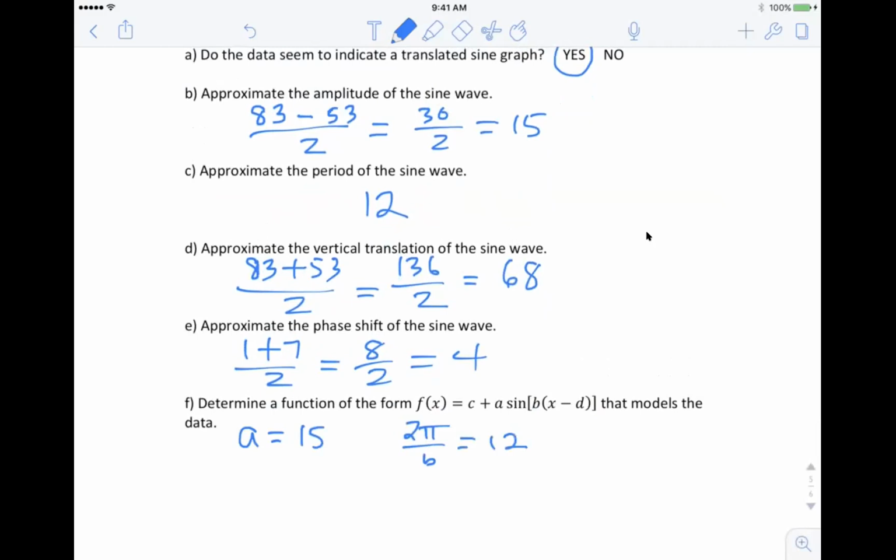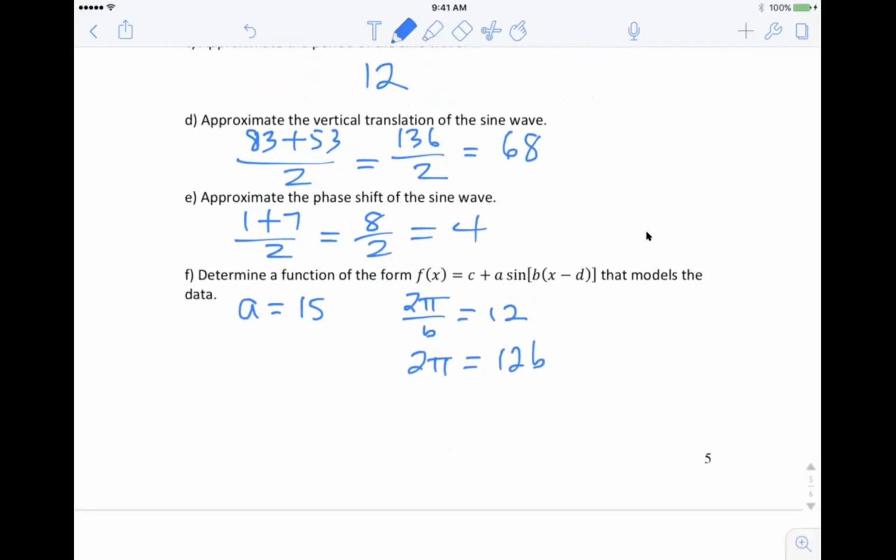So if I solve that for B, I would multiply both sides by B. I'd have 2 pi equals 12B. So then 2 pi over 12 is equal to B. And so B is equal to pi over 6. Okay, that's the hardest one.